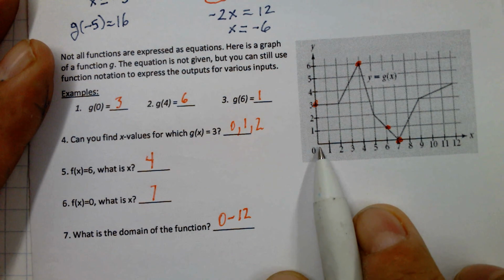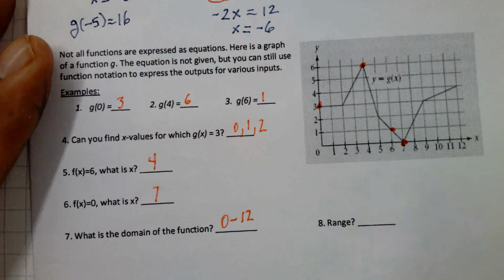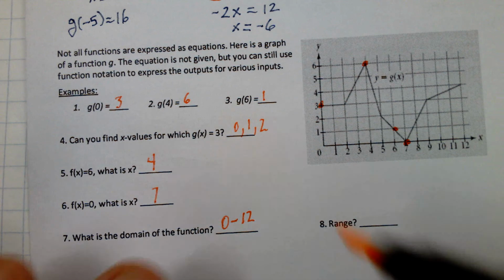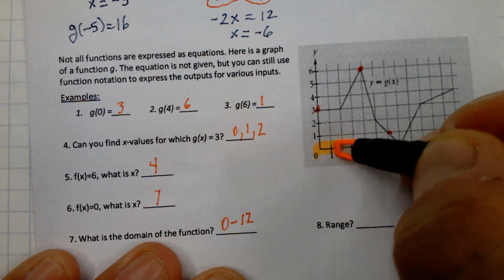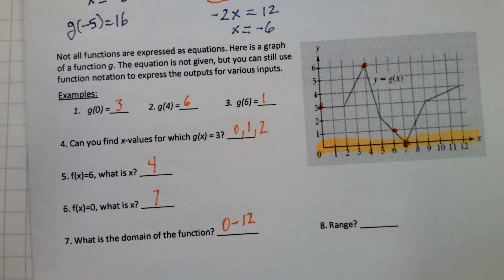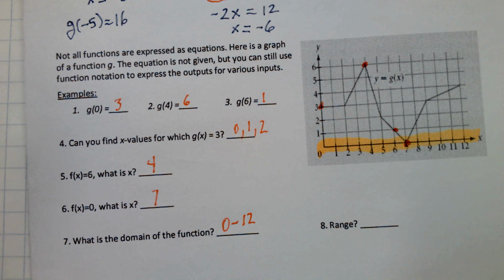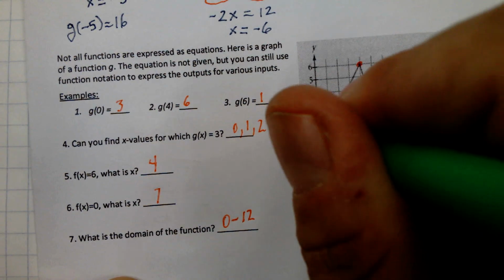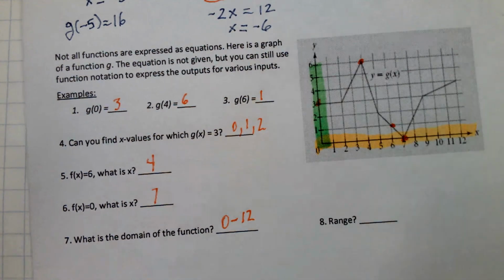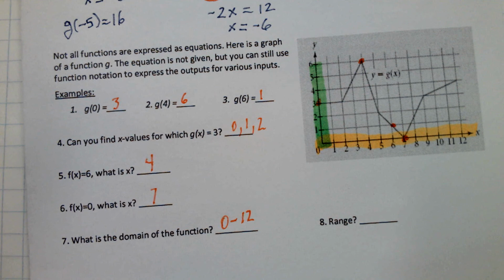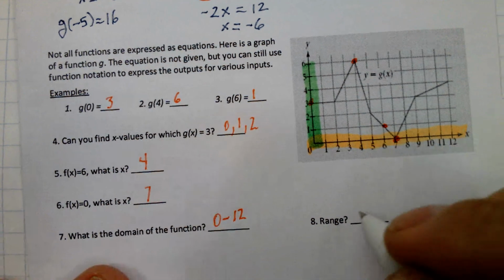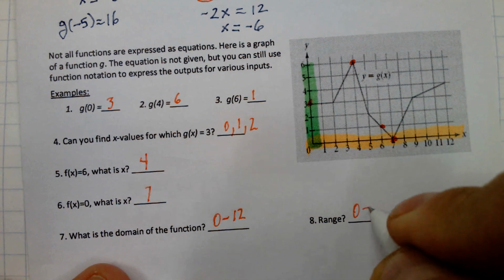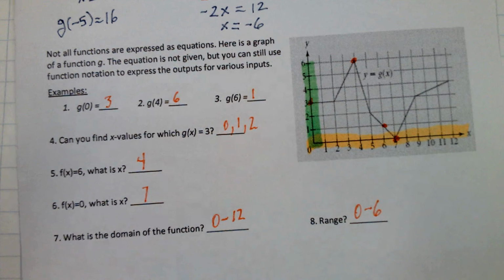We could have got an input here, here, here, here. All of these. 0 to 6. Again, next year we'll have a better way of expressing this. 0 to 6.